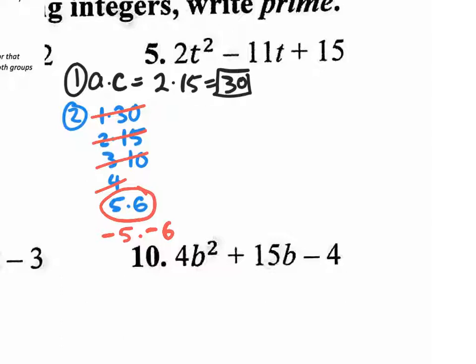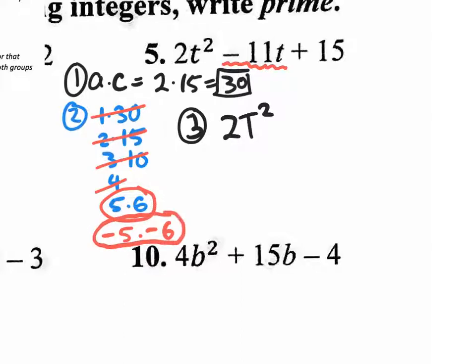Now step 3 is where you rewrite your trinomial as a polynomial. So the 2t squared, I'm just going to write it right here, 2t squared. Now this minus 11t, I'm going to rewrite it as these two numbers, negative 5 and negative 6.